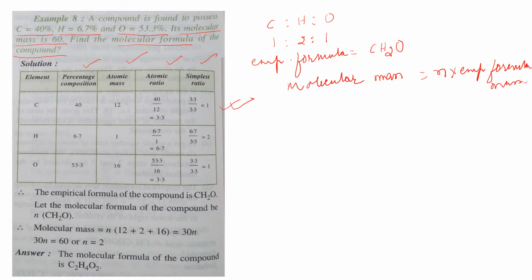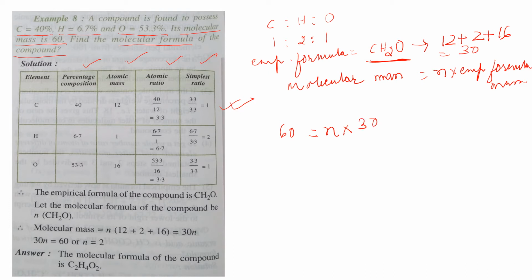The molecular mass is given as 60. So I can write 60 is equal to N into empirical formula mass. That means I have to find out the mass for this one. This is 12 plus 2 plus 16, so it comes to 30.